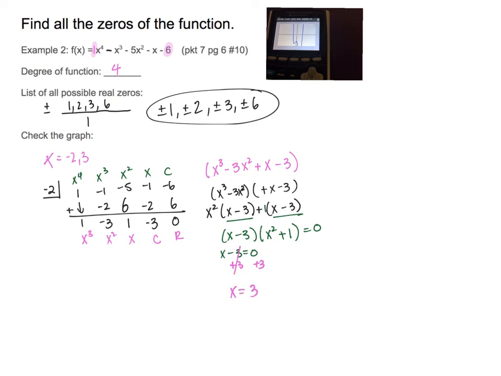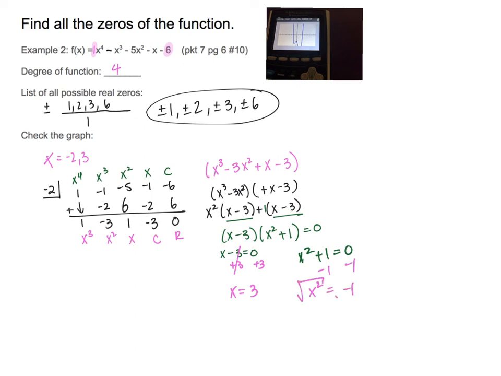Well, I already have that here. So in that case, since I already have x equals positive 3, let's move on to the next one here. So if I set this one equal to 0, I would subtract 1 from both sides. x squared is equal to -1.